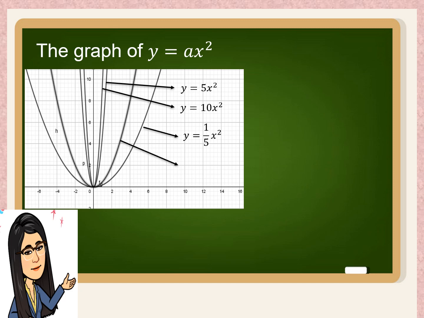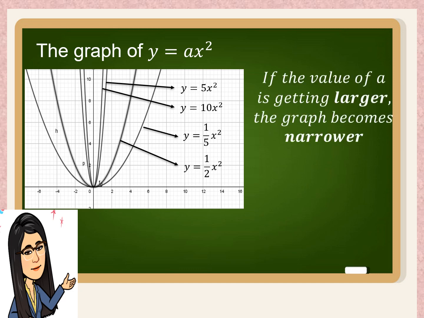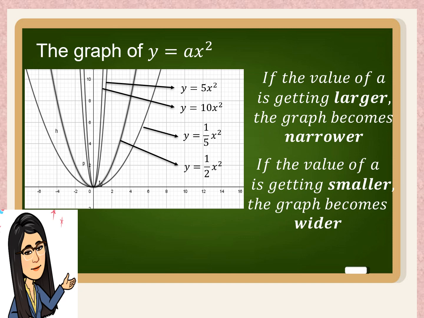Then beside it is y is equal to 1/2 x squared. If we arrange the values of a from smallest to largest, observe that we will have 1/5, 1/2, 5, and 10. So take note: if the value of a is getting larger, the graph becomes narrower. On the other hand, if the value of a is getting smaller, the graph becomes wider.